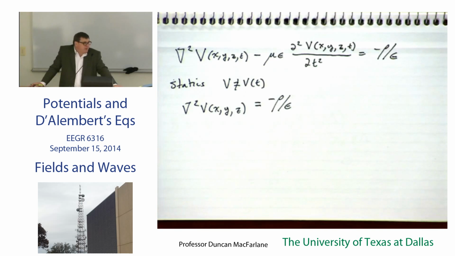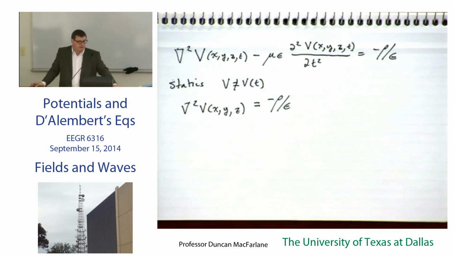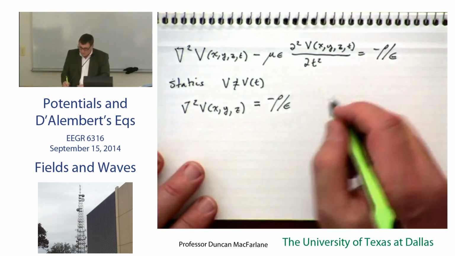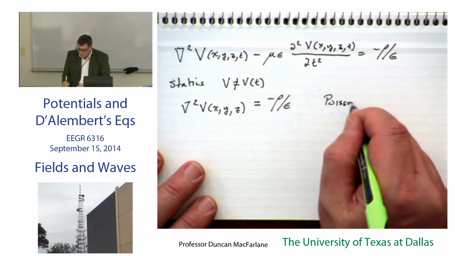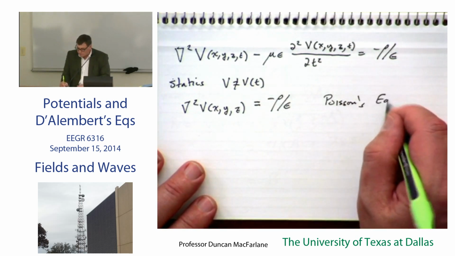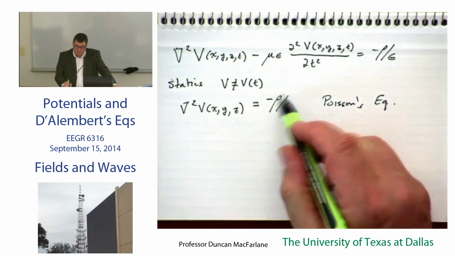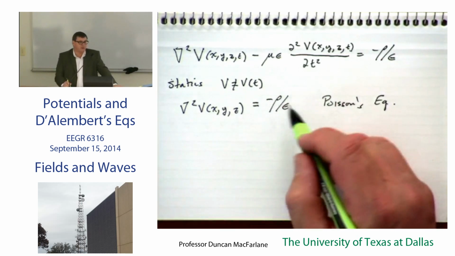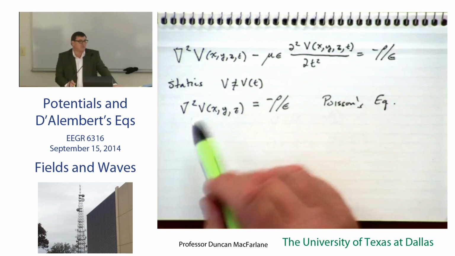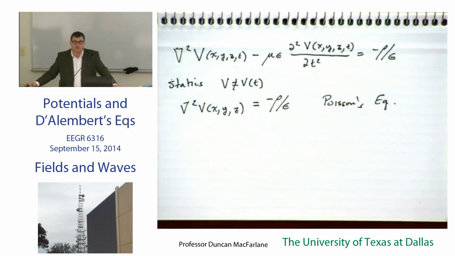And I bet you've played with that equation. Some of you have played with that equation before. It's sometimes called Poisson's equation. So if I have a charge distribution, this is the voltage responsive to that charge distribution.